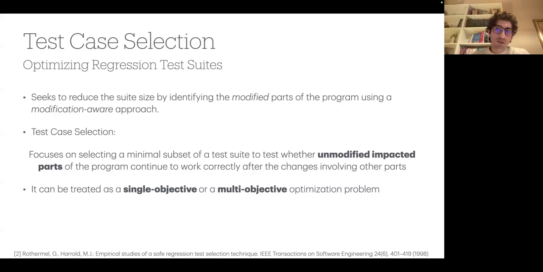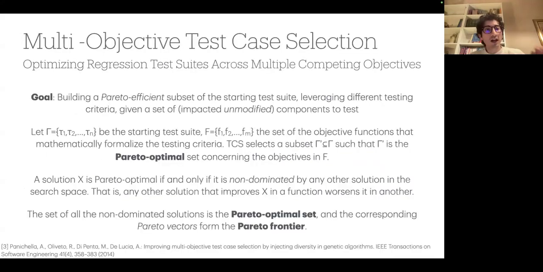We can treat this optimization problem as a single objective problem, which returns a specific subtest suite as a solution, or as a multi-objective optimization problem. Regarding the multi-objective test case selection version, being a multi-objective optimization problem, the goal is to build a Pareto-efficient subset of the starting regression test suite, leveraging different selection criteria and given a set of the impacted unmodified components that we want to test.